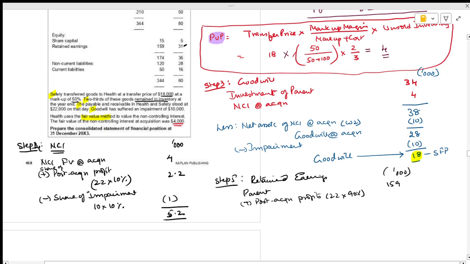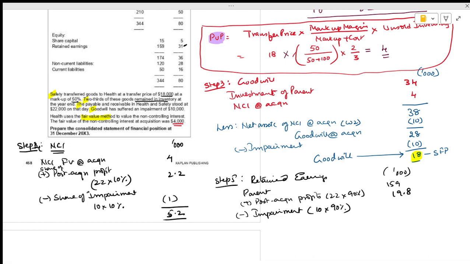It comes to 19.8. Minus impairment, 10 into 90%, which is 9. So 159 plus 19.8 minus 9 gives 169.8.